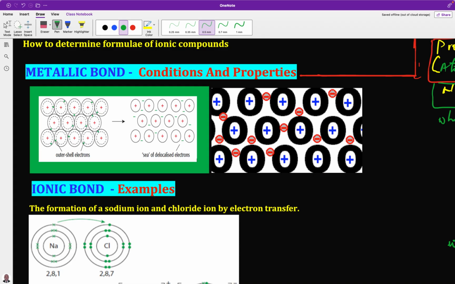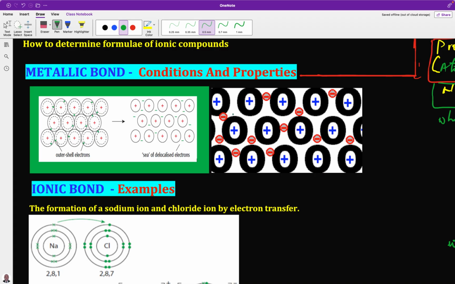That is why magnesium will have a higher boiling point than the sodium atom. That is the main reason.